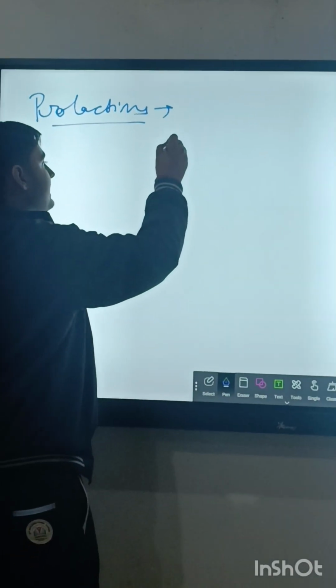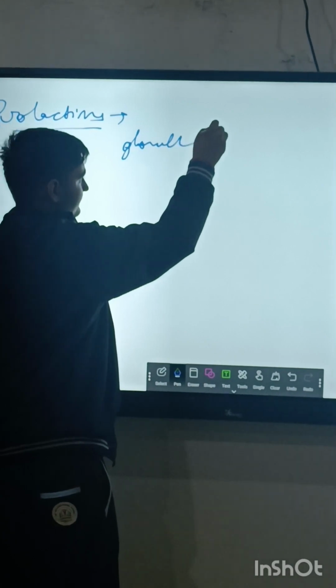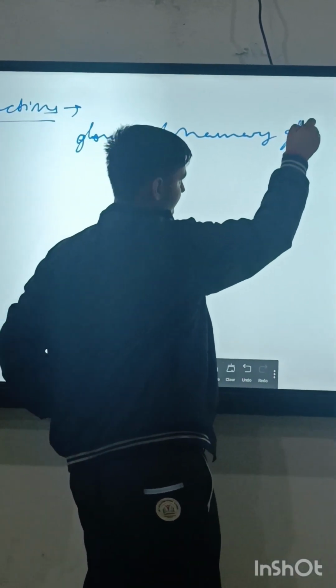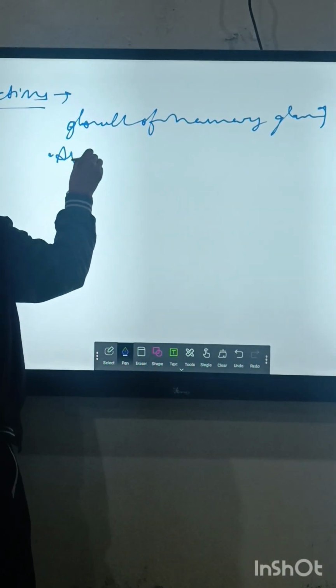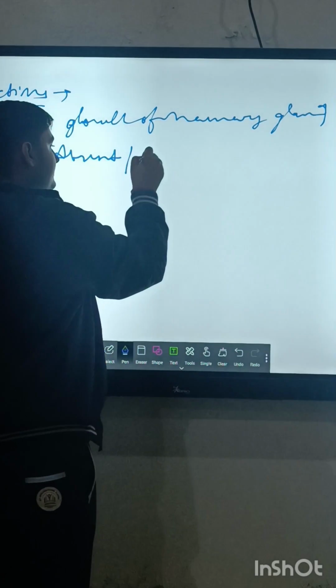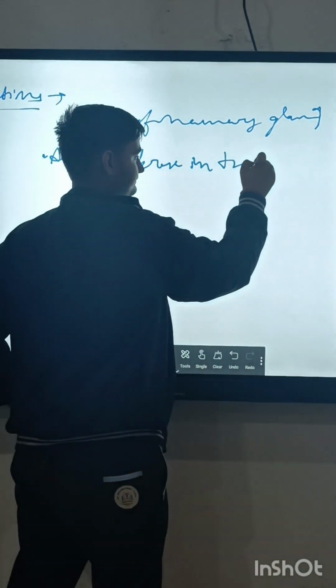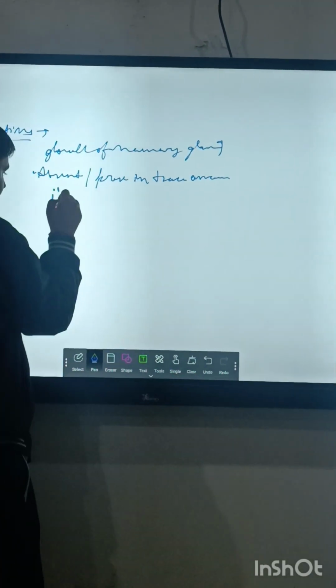Prolactin is the hormone which helps in stimulating the growth of mammary glands. It is absent, or present in trace amounts, in males.